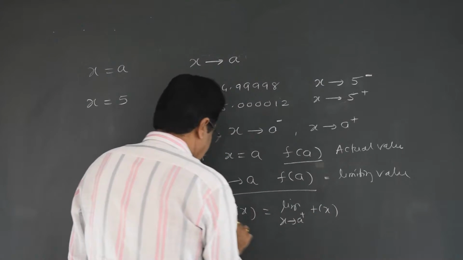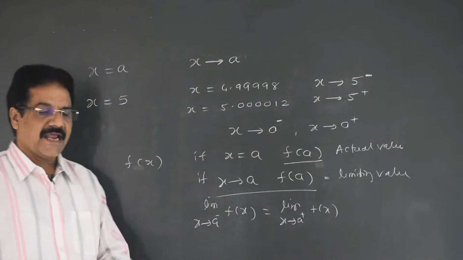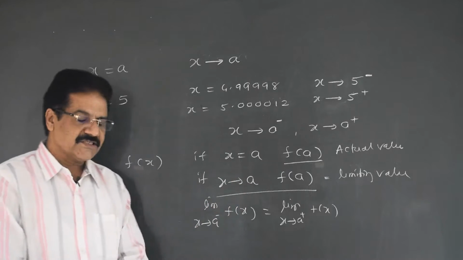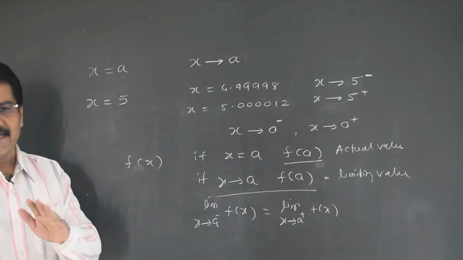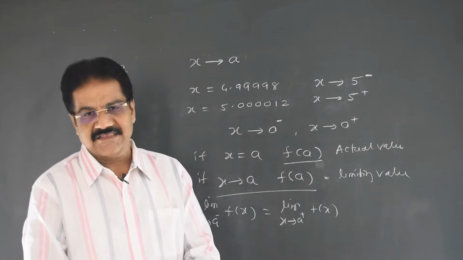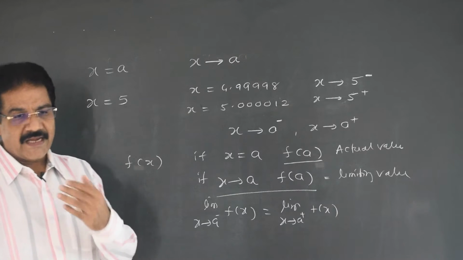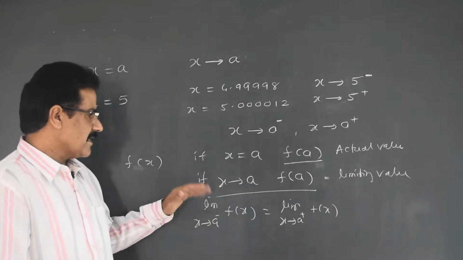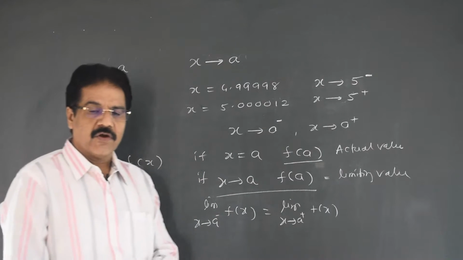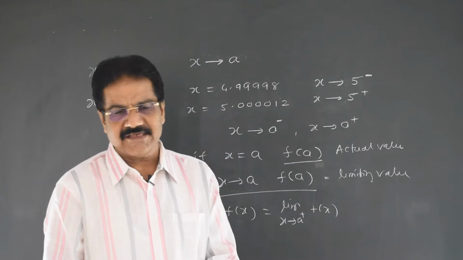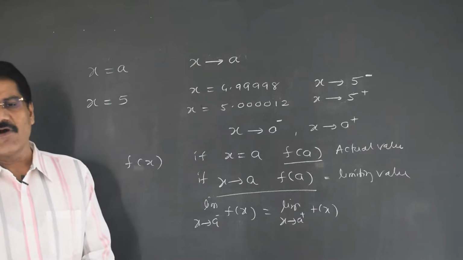More precisely, I am going to take this as a minus and a plus. So whenever this condition is satisfied, we say that the limiting value of the function exists, and actual value means we just have to put x equal to a. Now whenever we are going to put x equal to a as the limiting value, you may have to do certain algebraic adjustment to get the limiting value of the function.